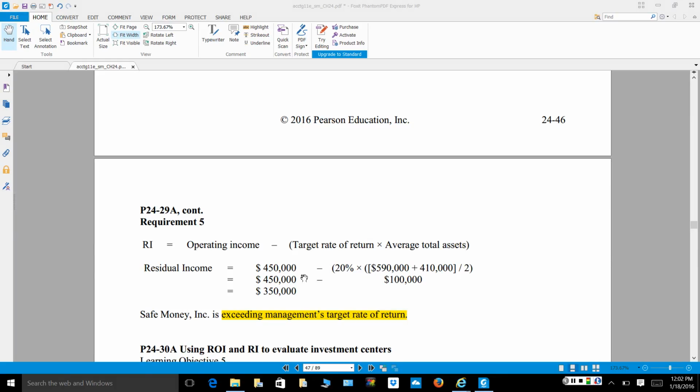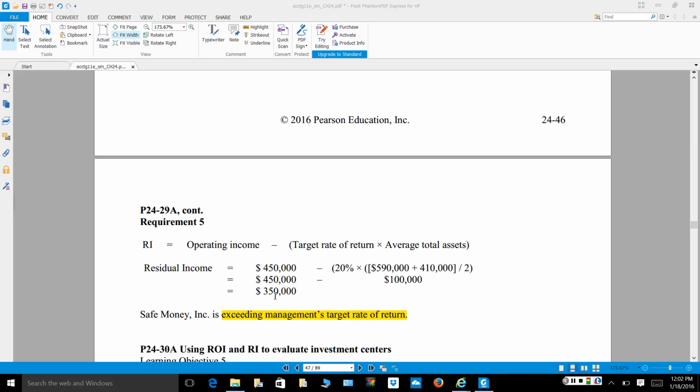Well, remember at $450,000 of operating income, we have a 90% return on investment. So you can see with the combination between return on investment of 90% compared to a target rate of return of 20%, my operating income of $450,000 exceeds the minimum amount of income that I should generate with my target return of 20%, which is $100,000.